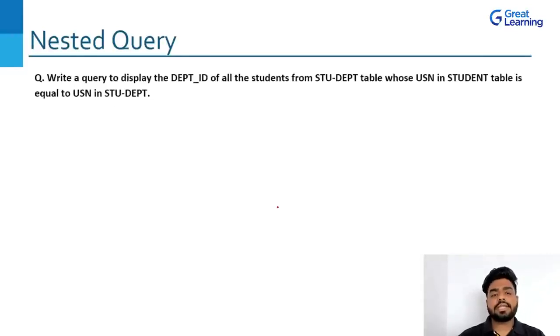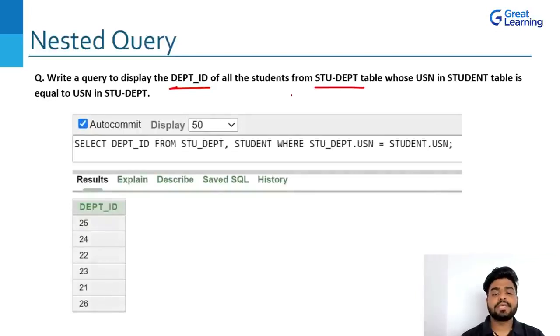So the question is, write a query to display the department ID of all the students from student department table whose USN in student table is equal to USN in student department, right? So let's say: select department ID from student department, student where student department USN is equal to student USN.